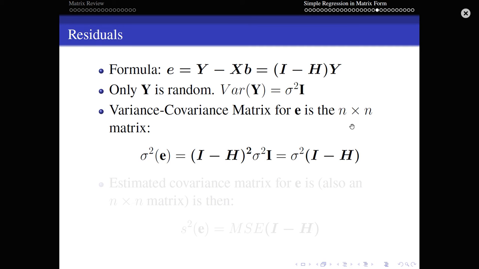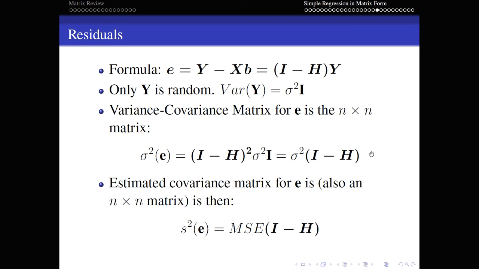The variance-covariance matrix for the residuals can be constructed from the hat matrix. So we just take the identity matrix minus the hat matrix quantity squared times sigma squared times I. But this just ends up being sigma squared times I minus the hat matrix, very similar to what we had before. And that's because our hat matrix is idempotent, and because the identity matrix times the hat matrix just gives us back the hat matrix.